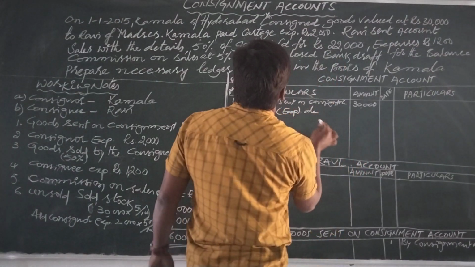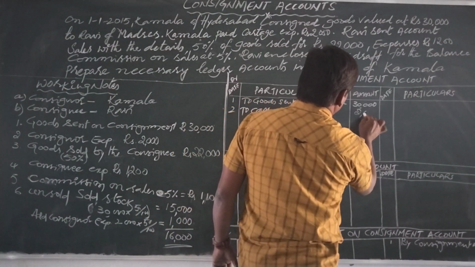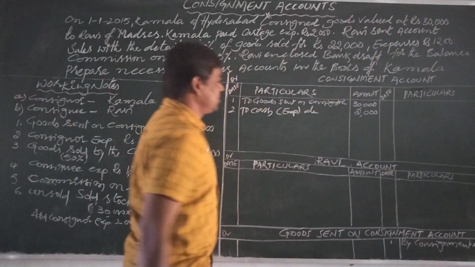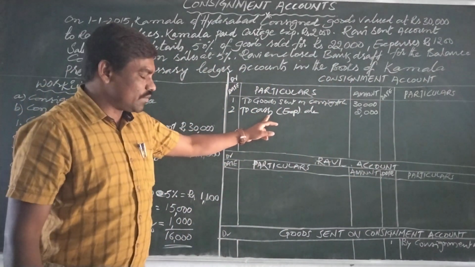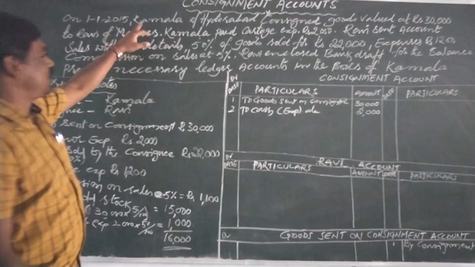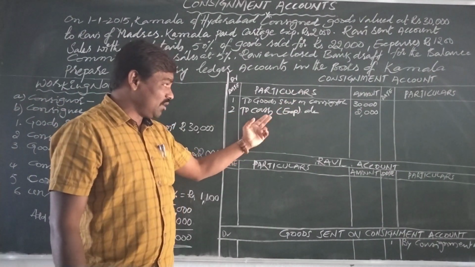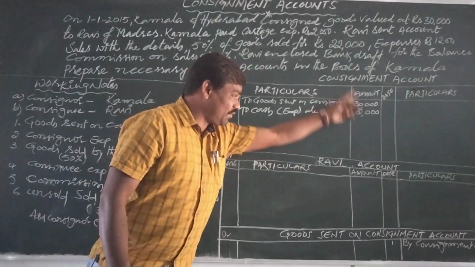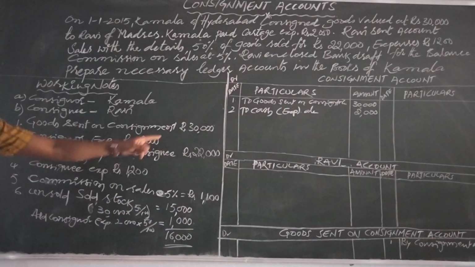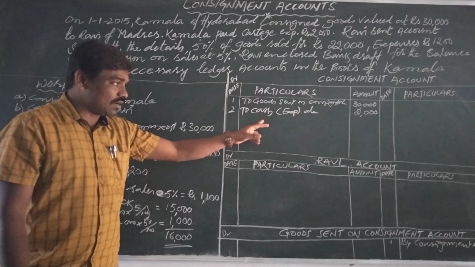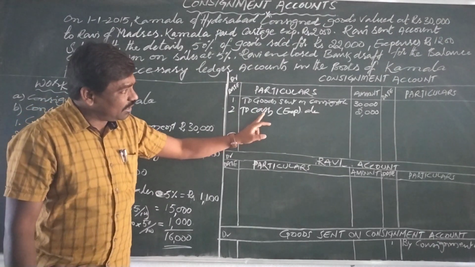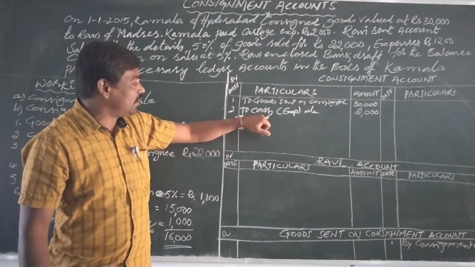She spent rupees 2,000. Here you write 2,000. Who is the consignor? Kamala spent rupees 2,000. So as the second point in the consignment account, you write expenses of consignor, rupees 2,000. Only once we write it, only one time, in the consignment account.